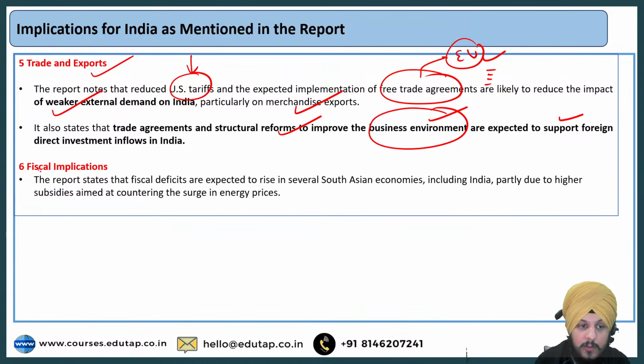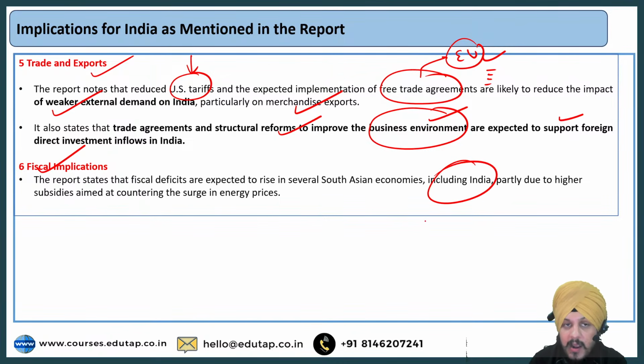Lastly, it talks about the fiscal implication, and the report states that the fiscal deficits are expected to rise in several South Asian economies, including India. And what is the reason? The same reason that we have discussed all throughout this session, because of the increasing prices, because of the inflationary impact, and it is going to impact the consumption demand in the country.